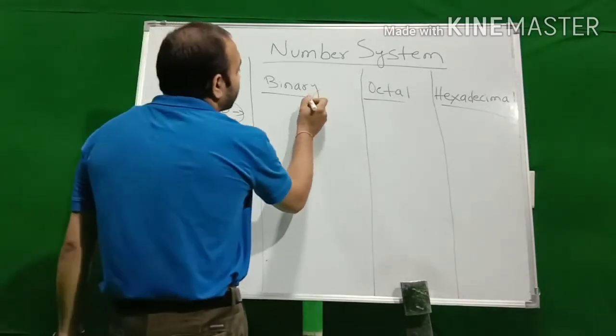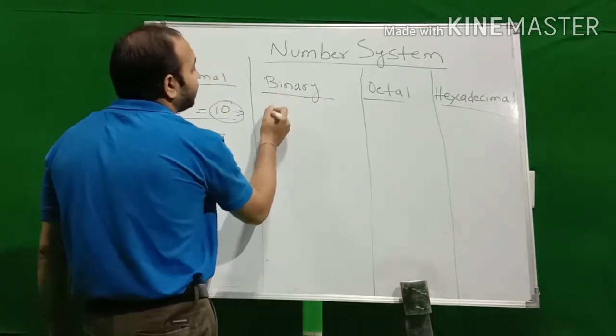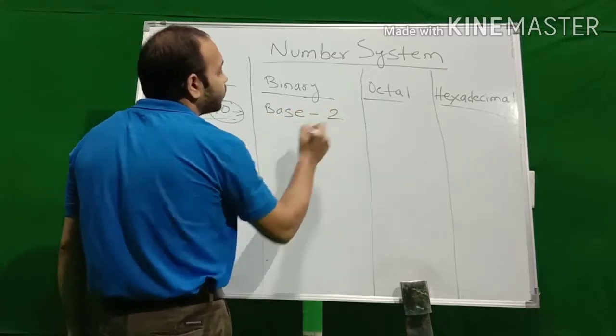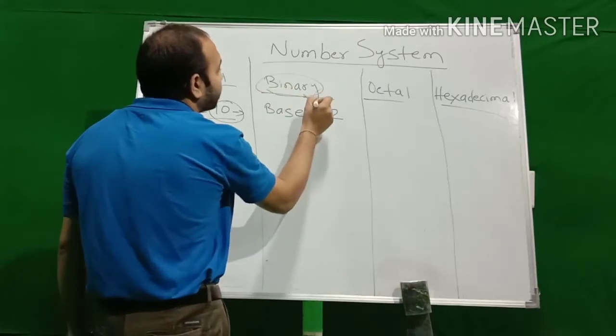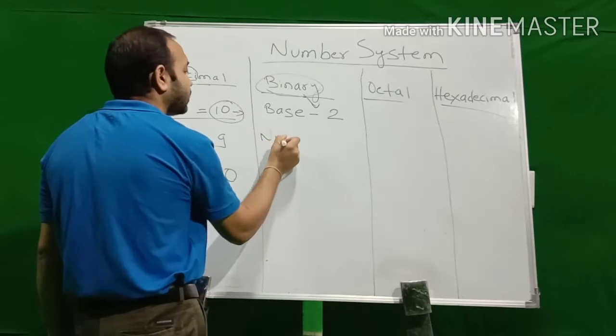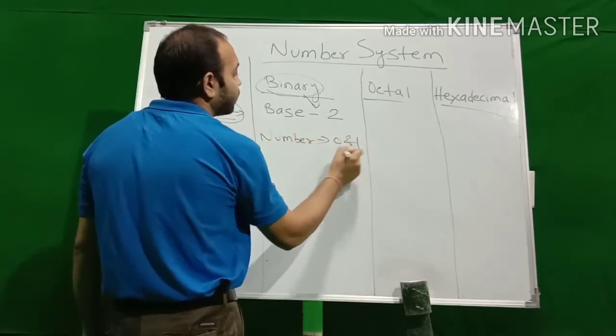Now if you see the second number system, binary, in binary you have base 2. Base 2 means you have the numbers 0 and 1.